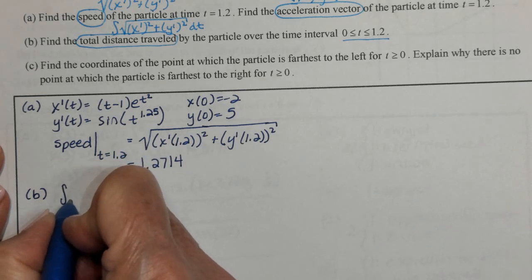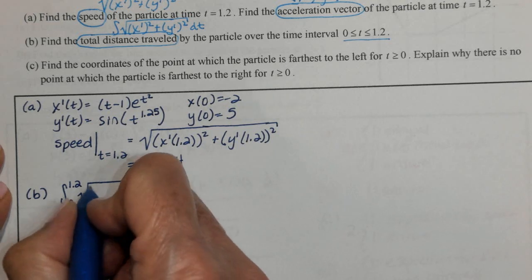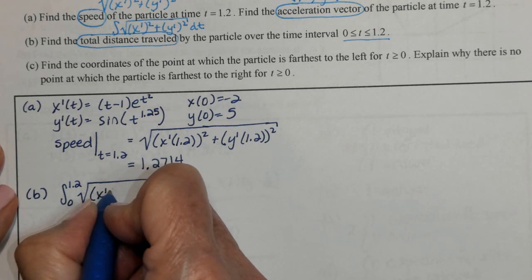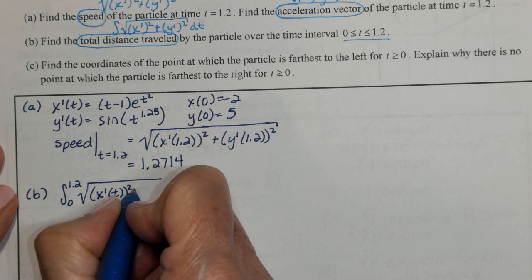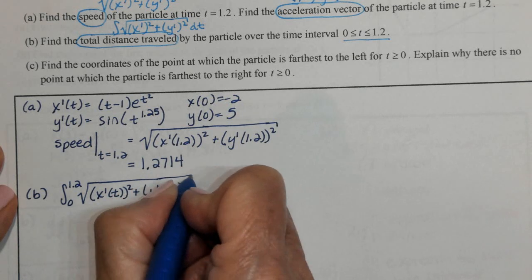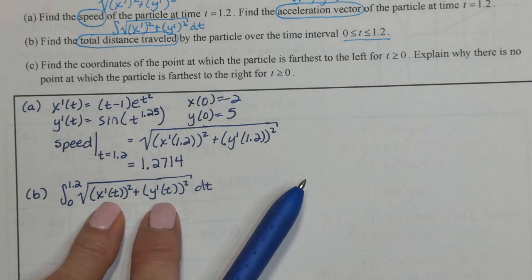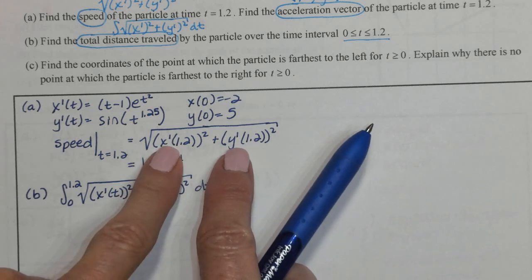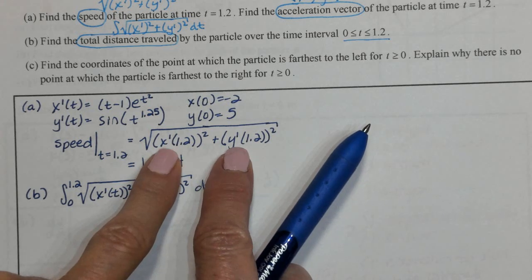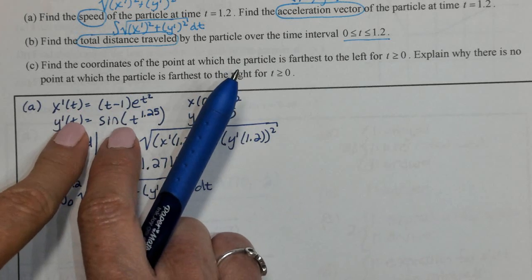So for part B, integral 0 to 1.2 of the speed expression. So do you see how I'm using x prime and y prime? I would not have been able to use that notation had I not stated what x prime and y prime were.